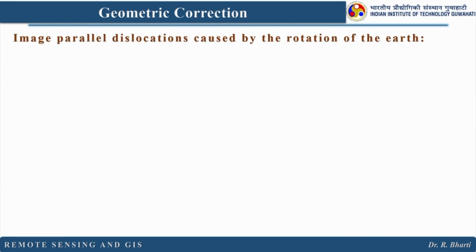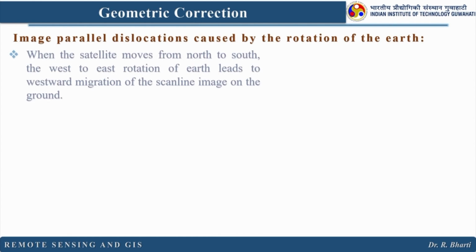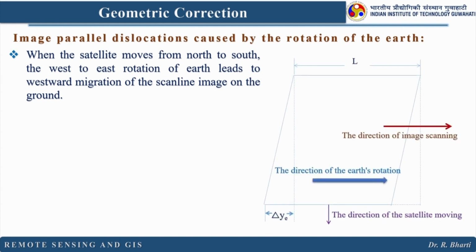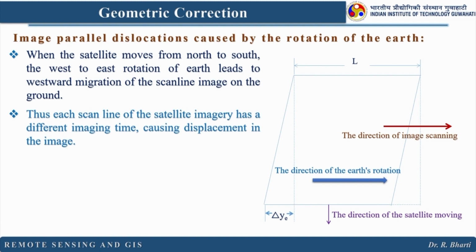All these details are written here, you can go through this. Image parallel dislocation caused by the rotation of the earth. When the satellite moves from north to south, the west to east rotation of the earth leads to westward migration of the scanning image on the ground. You have already seen in the previous slide how the image looks when there is a change.